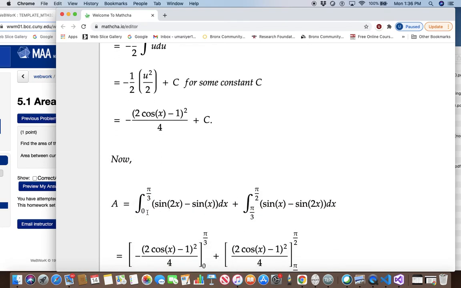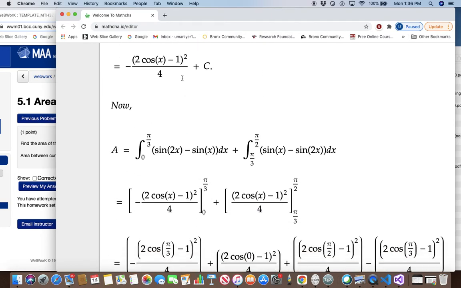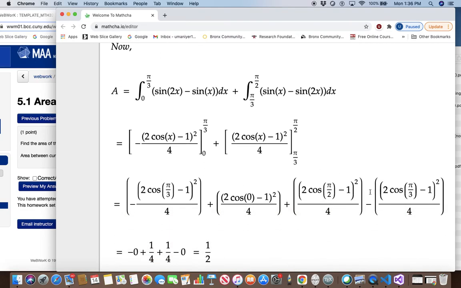Therefore, my original integral from 0 to pi by 3 is computed by evaluating the antiderivative at the limits pi by 3 and 0, plus the integral of the opposite expression. Because of the opposite I get a negative, but my antiderivative already had a negative, so it's an overall positive with these as the limits. The rest is careful calculation.